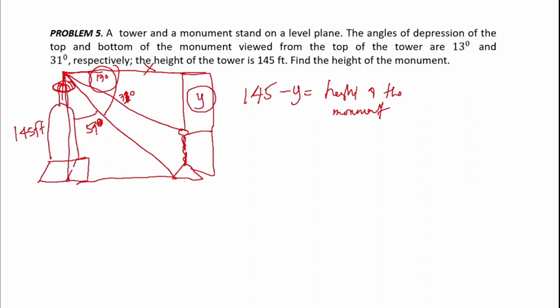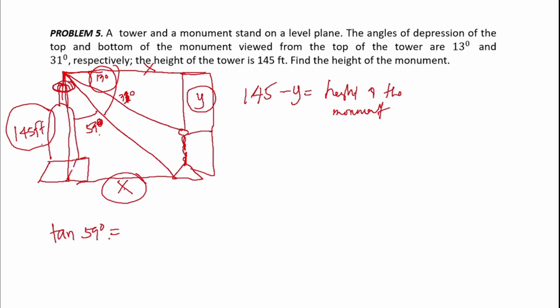So to solve for x, we'll make use of the information 145 and x. So what function will make use of the angle x and this 145? This is tangent.